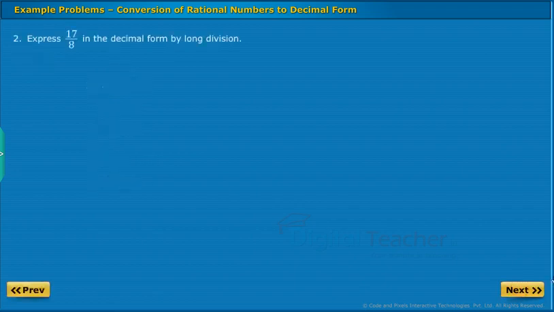Express 17 by 8 in the decimal form by long division. Solution: by dividing 17 with 8, we get as follows.